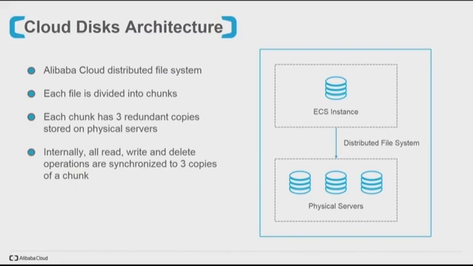So what this means is, when you're storing your file on the block storage, which is attached, just to mention, block storage is meant for your ECS instances, which are our virtual servers on Alibaba Cloud. When you store your files on the block storage, each file is divided into chunks and stored across three physical servers.